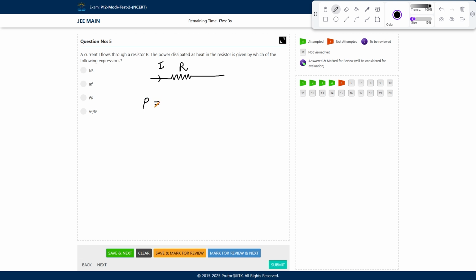So power dissipated is given as VI. It is given as I square R. It is given as V square by R. All the expressions are for power dissipated. Okay, so which is the correct option? Third option, I square R.